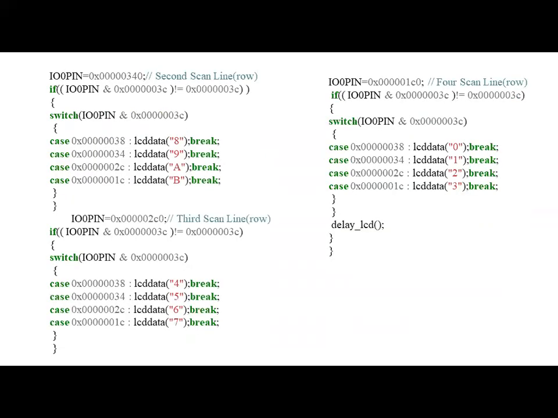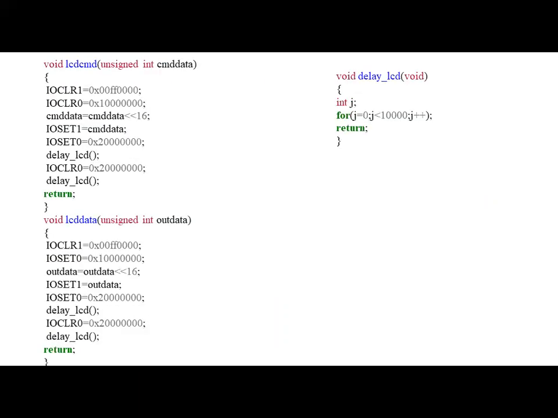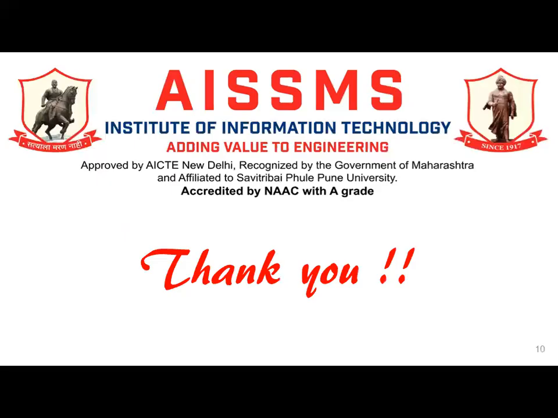Then according to second scan line, third scan line, fourth scan line, we can use that with the break, and LCD command unsigned integer command data also, then return, then LCD unsigned integer out data and return, and then delay and then return.